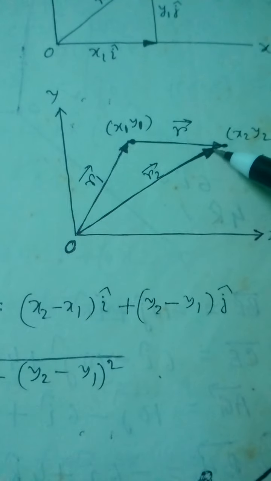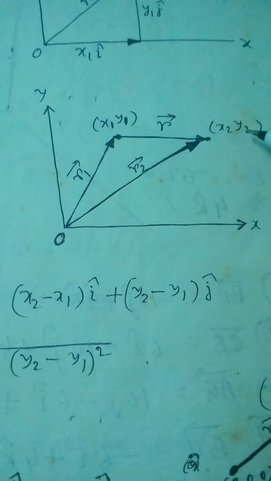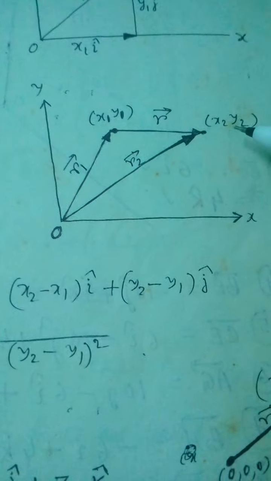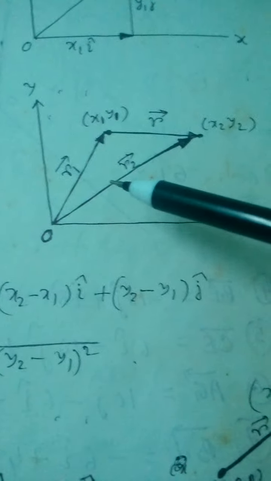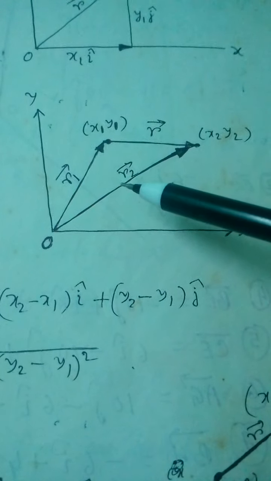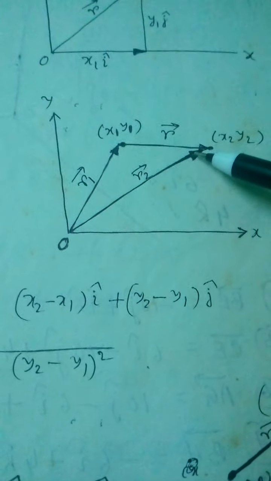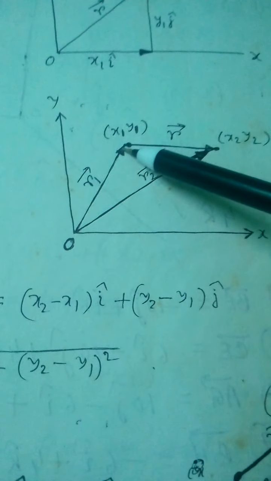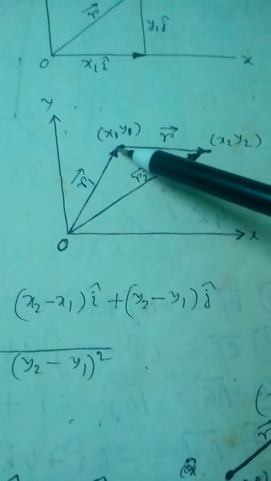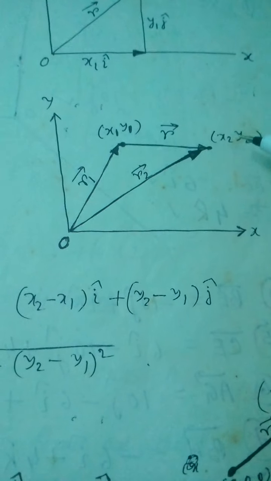This vector is nothing but, which I have done it here. So it is x2 i cap and y2 j cap. Whenever I say i j k, I will omit the word cap. Okay, so this is x2i plus y2j, and this is also x1i plus y1j.